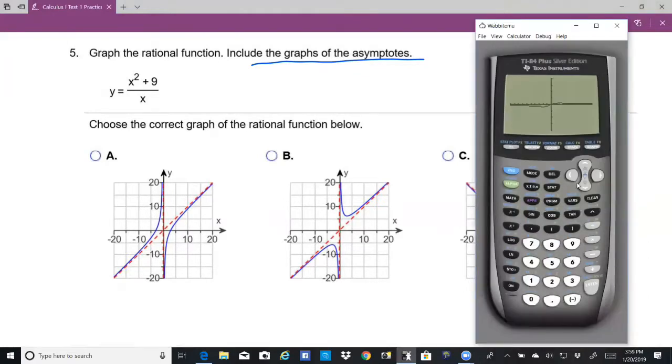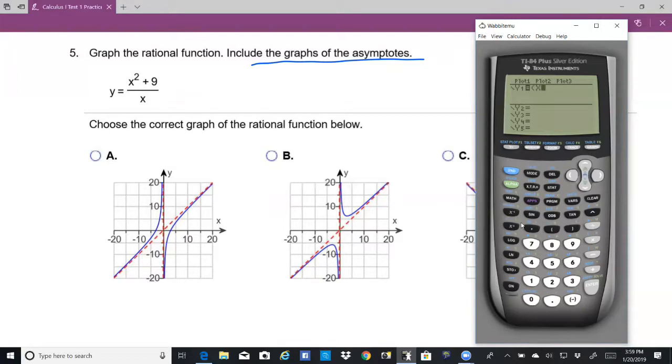And it's really great to be able to use a calculator on these tests, because you can get a much more accurate graph more easily, especially if you put it in your calculator correctly, using parentheses.